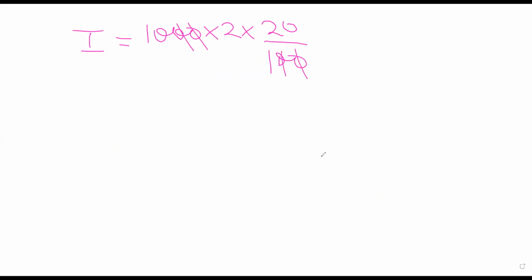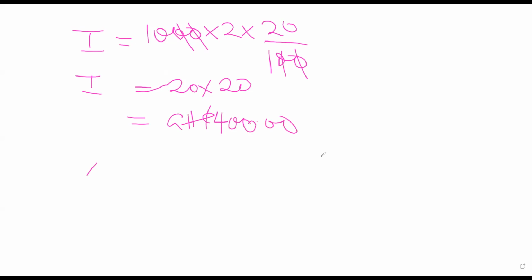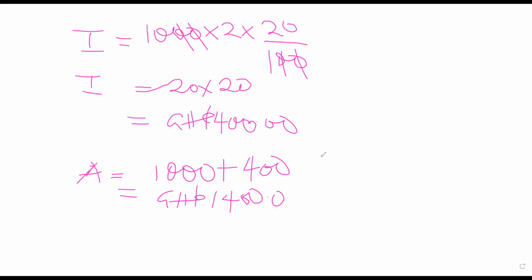So 10 times 2 is 20, 20 times 20 is 400. So William's interest is 400. So the amount in William's account becomes his 1,000 plus his 400, which is 1,400 Ghana cedis.